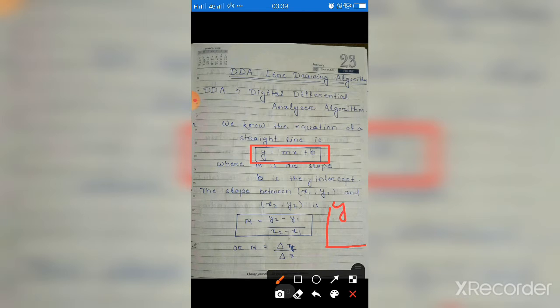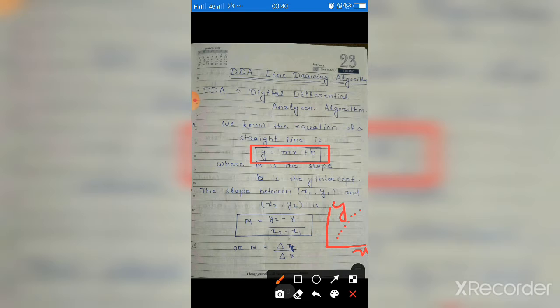Here we need two endpoints to draw a line. Between these two endpoints, what are the next points or next pixels which we can join to draw a line? That means in between these points we can find points and connect them to draw a line.